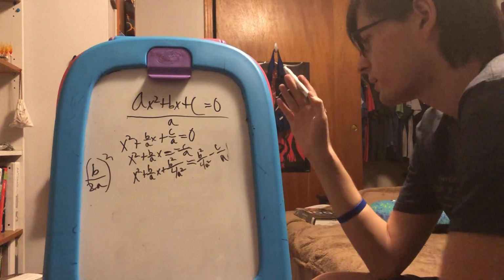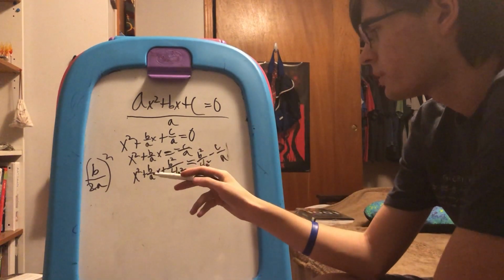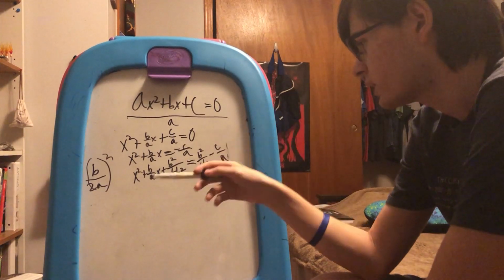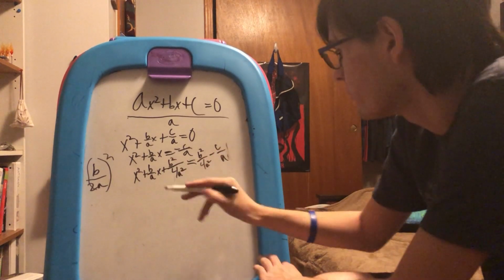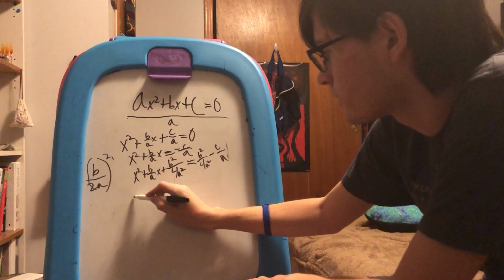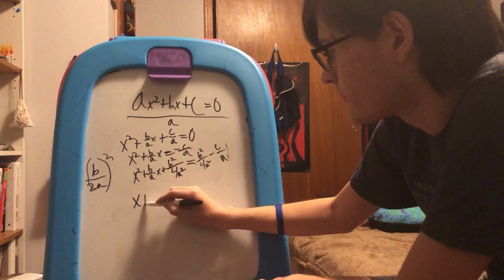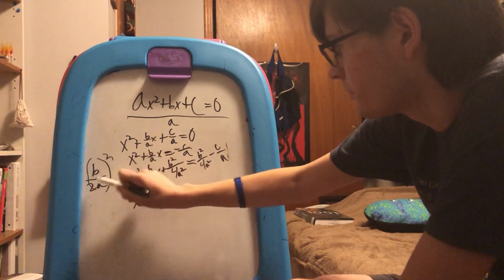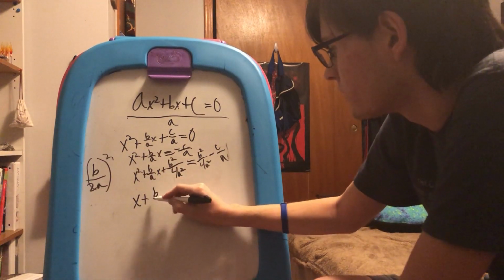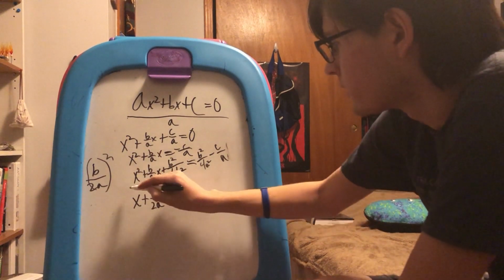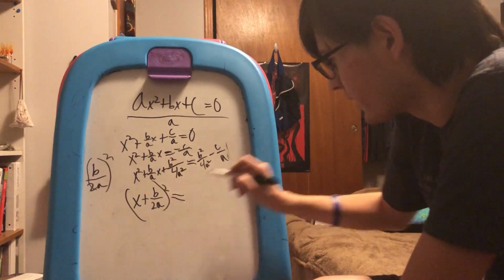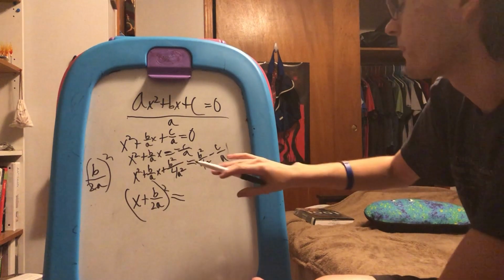So we can change it back into the binomial form. We have our first term, which is x, plus our b term, which is b over 2a, and then all that squared. And then we have the other side.